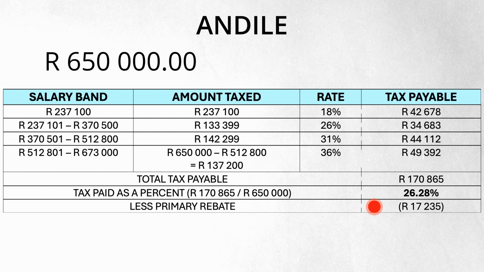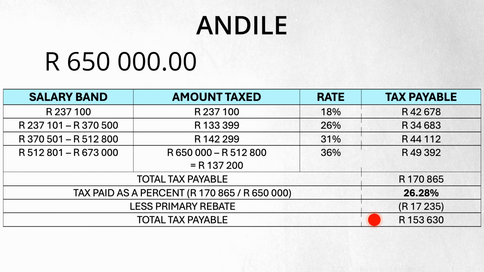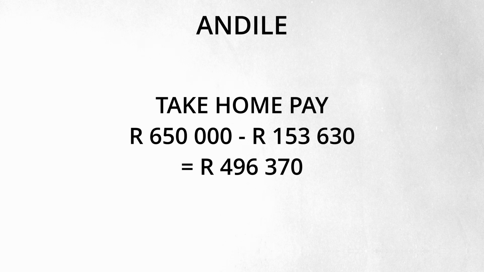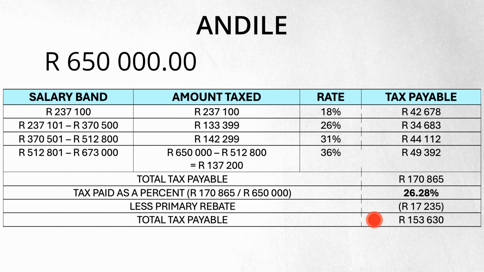So that we land at a final tax of 153,641, meaning that Andile gets to take home 496,358 Rand, and his effective tax rate is really only 23.6%. Doesn't sound too bad now, does it?